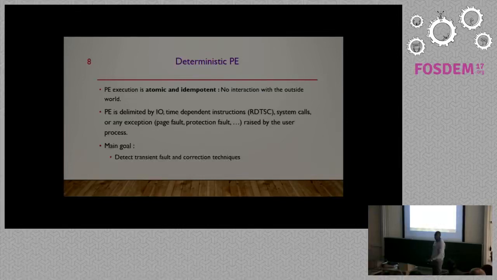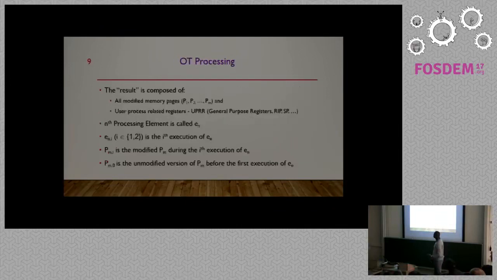The main things happen if we also have to stop the processing element if the process makes some exception, page faults, or this kind of stuff, so that we keep the processing element short enough to hold in the time. So in practice, what we have to do is to compare each processing element result, that is the memory page that it modifies.